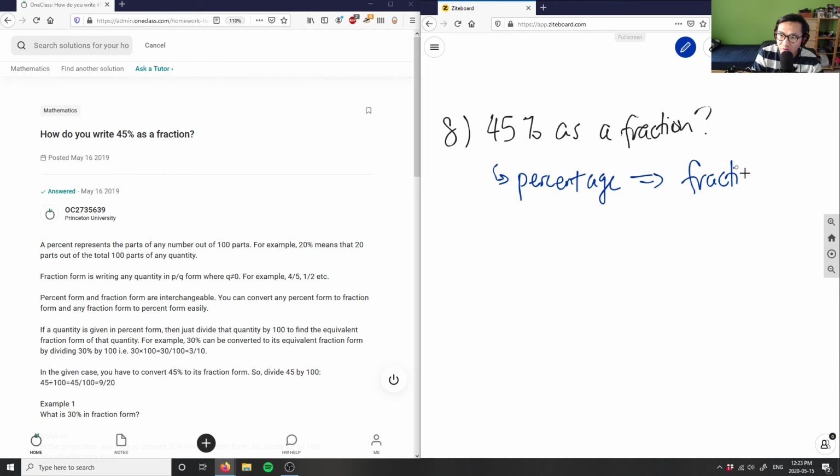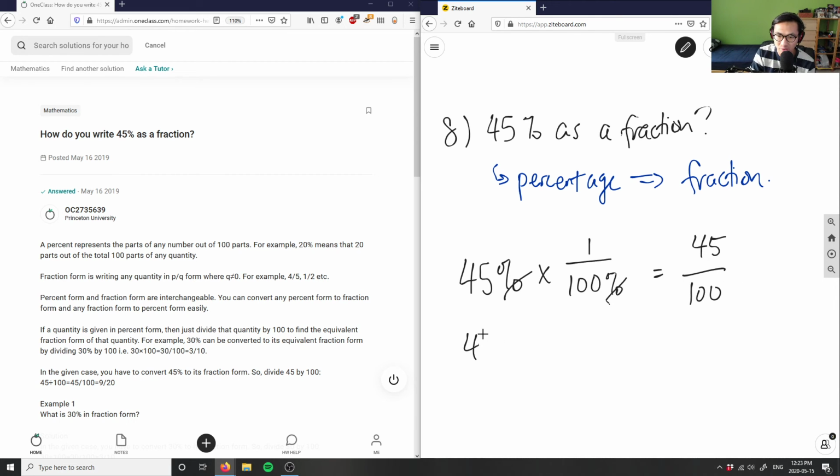In order for me to do that, all I'm going to have to do is simply divide by 100, right? So I have 45% here. I'm going to multiply that by 1 over 100%. And the percents here are going to cancel out. And I'm going to get 45 at the top and 100 at the bottom here. And this here is my fraction.